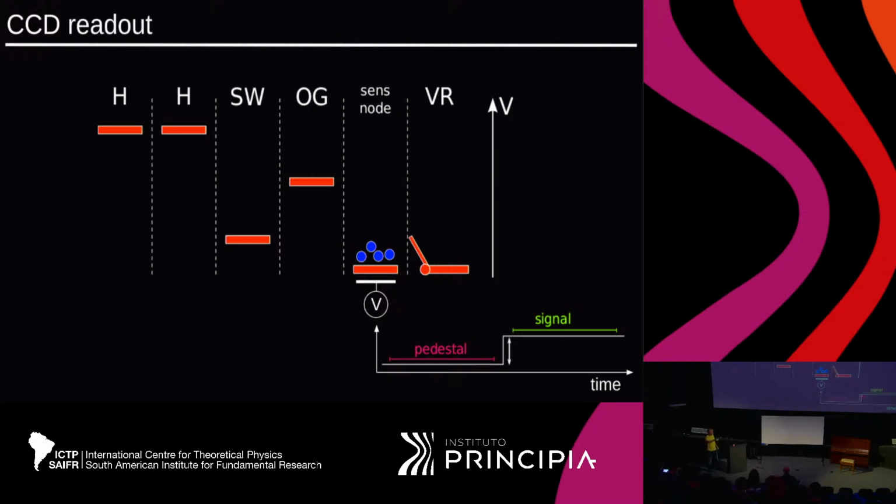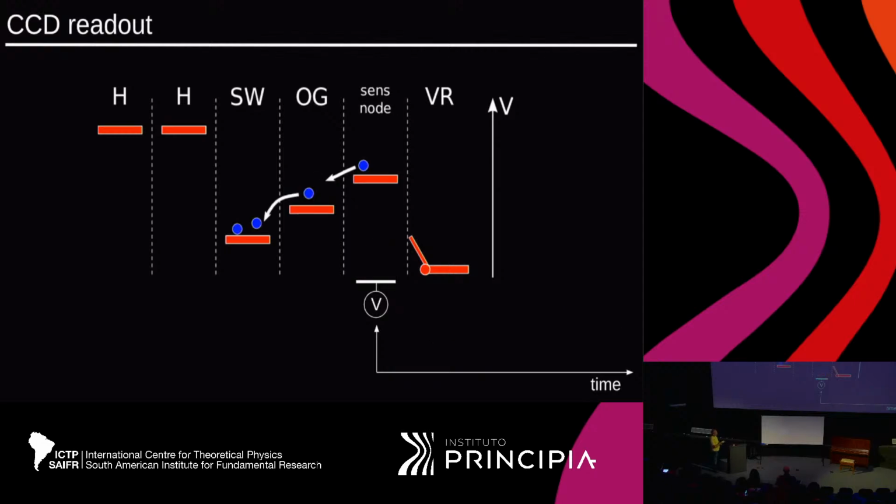The difference between these two levels gives you a measurement of how much charge you put into this sense node capacitor. Then you can move it back, move these things into the summing well again, and start again with an empty pixel. You can do this as many times as you want.